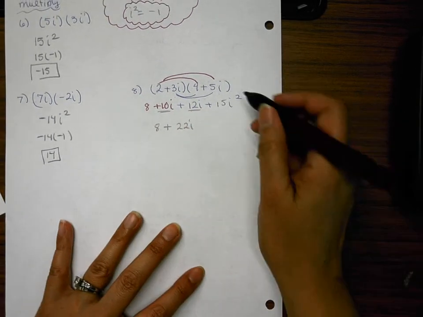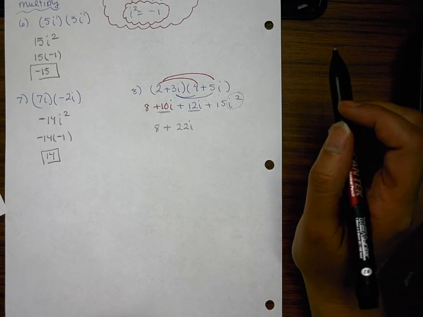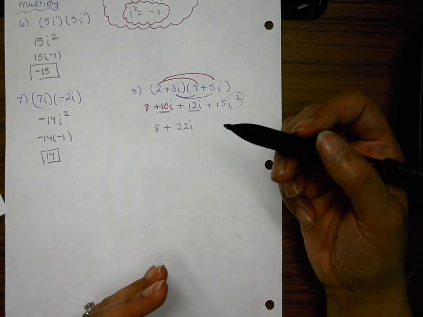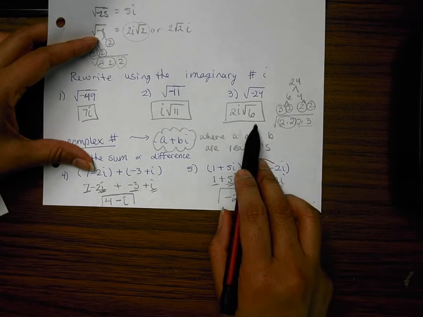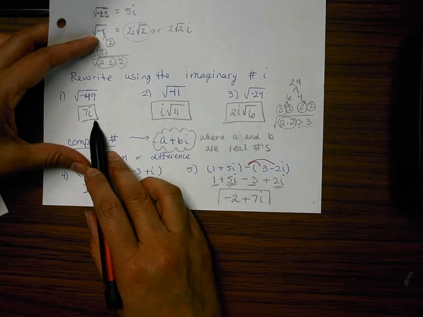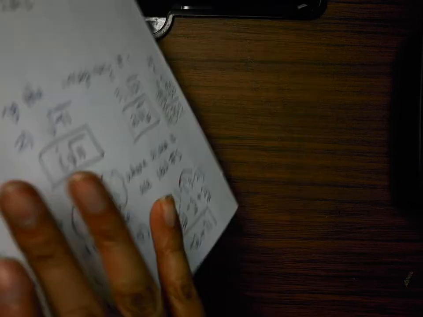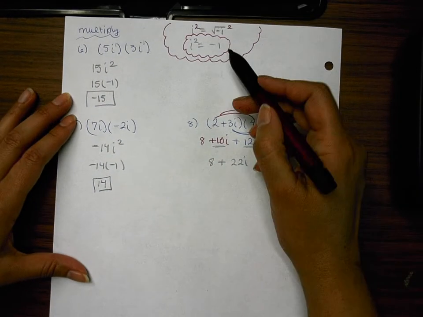Now remember, we never leave I squared as I squared. You will have answers that have I in your final answer. I'm going to flip it over really quick. Like you see how there's an I in that answer, there's an I in that answer, there's an I in all three of these answers. It's okay to have I as an answer, but you will never have I squared in your answer, and that's because I squared is -1.